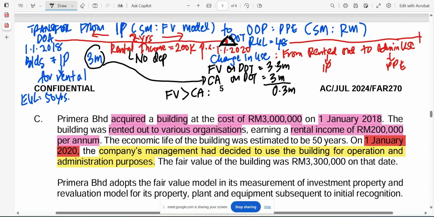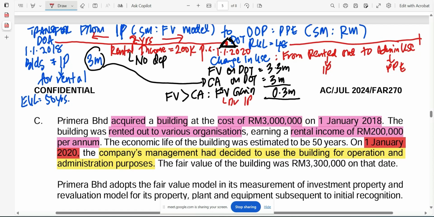Therefore, there is a fair value gain of 0.3 million. This fair value gain will be recognized just like any fair value gain: you debit the IP, because at this time it is still an IP, and credit fair value gain with that 0.3 million.